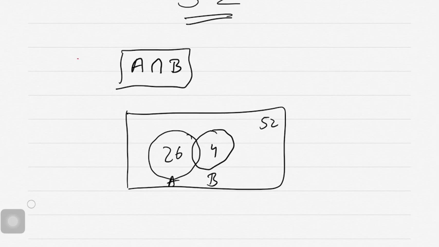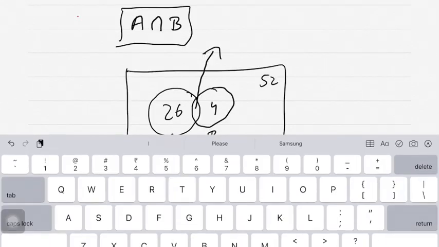Out of these 4 aces, 2 aces are black in color and 2 aces are red in color.